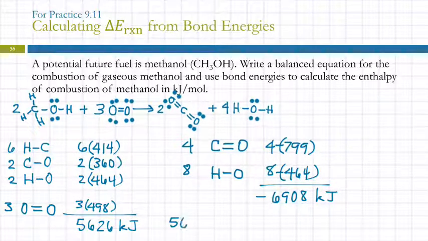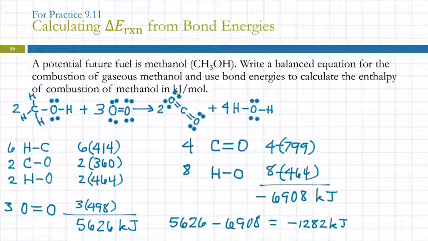So the overall estimated enthalpy is 5626 minus 6908, which is negative 1282 kilojoules. So delta H for this reaction would be negative 1282 kilojoules as written.